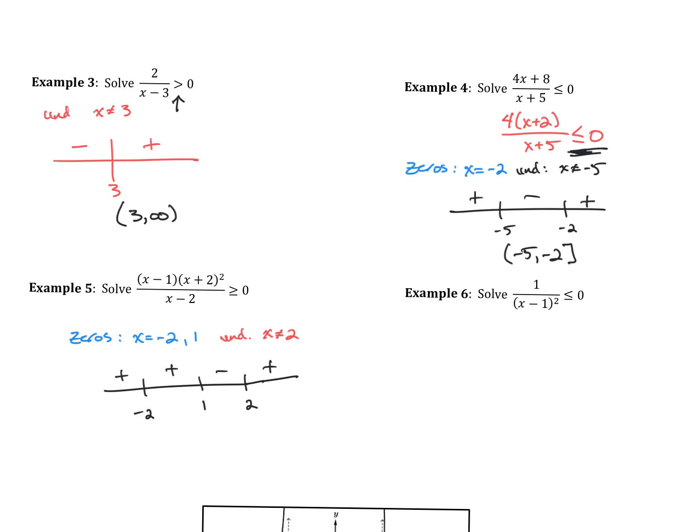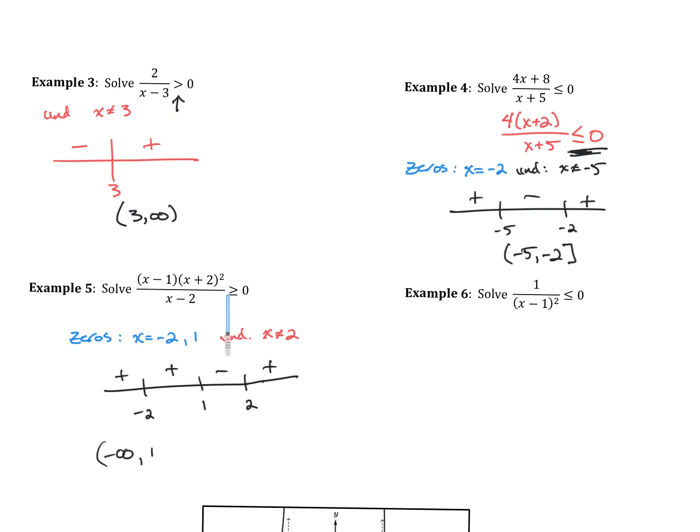All right, and so then I need to figure out when this thing is greater than or equal to 0. And so what's it go from? -infinity to what? All the way to 1. Why does it get to include -2? Because it's equal to.